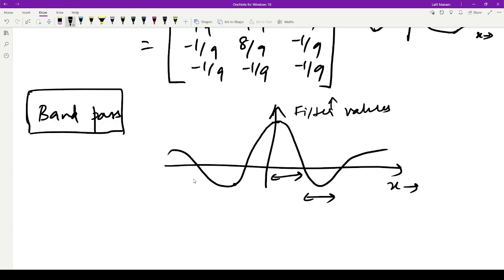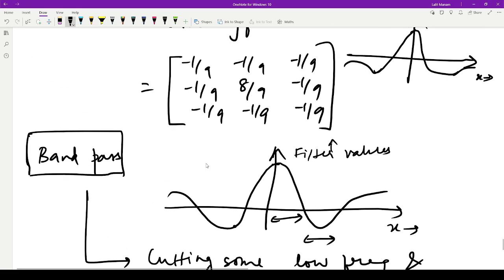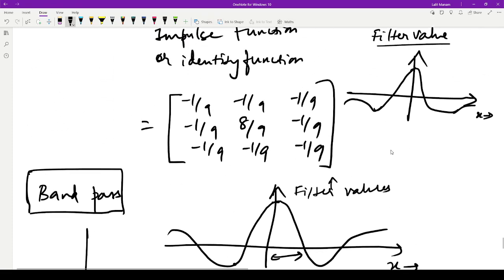So it's a band pass. Your band pass filter will have a positive central value. Maybe these values are negative, but if you take a bigger 5 cross 5 filter, then you might see positive values again. This is how the band pass filter would look.